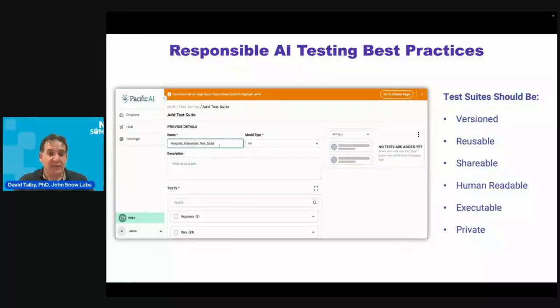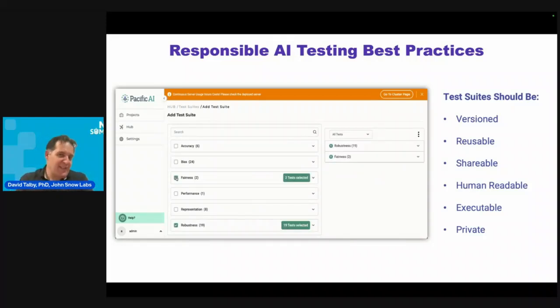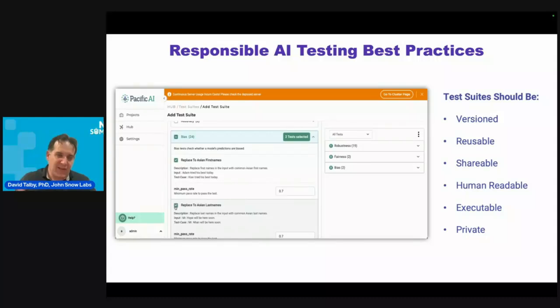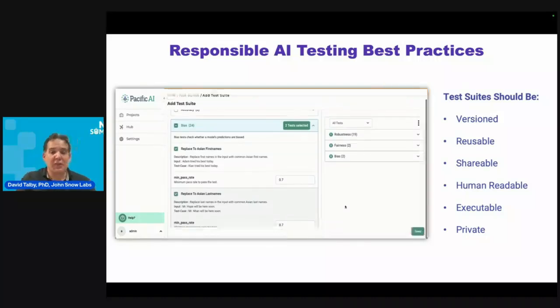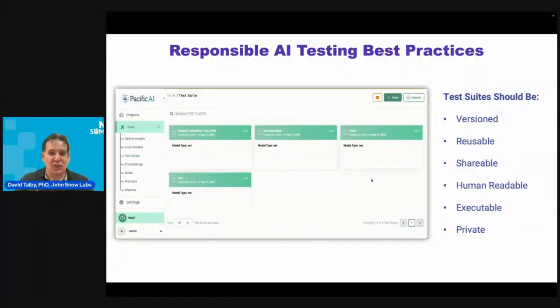And it should be private, right? So when you have your own use case, of course, it's custom to you. You usually want to keep the tests private just to make sure you don't train a new version of the model on your tests, which is a classic form of contamination, which is why it's important to be able to very easily and automatically generate your own tests and do that.